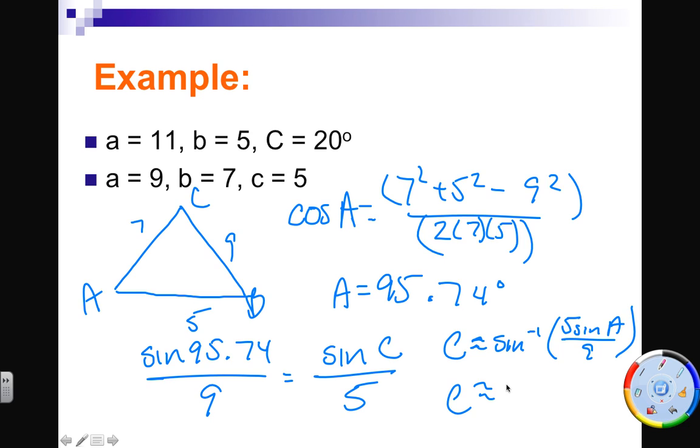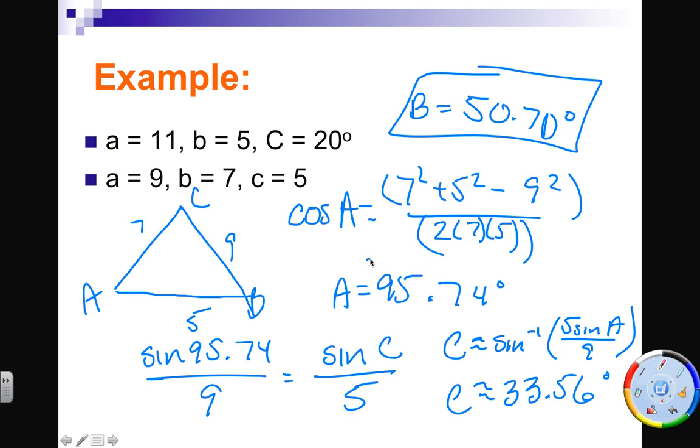C is 33.56. Then I'm going to do 180 minus answer minus A. And I get 50.71 for B.